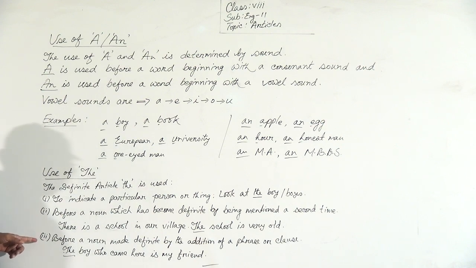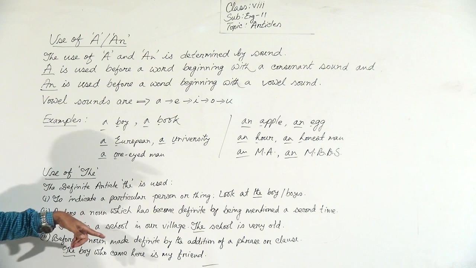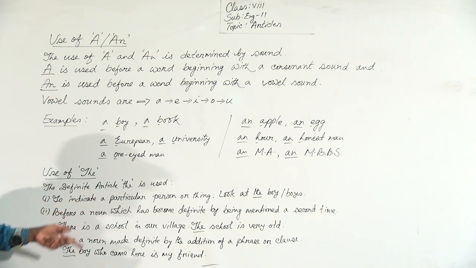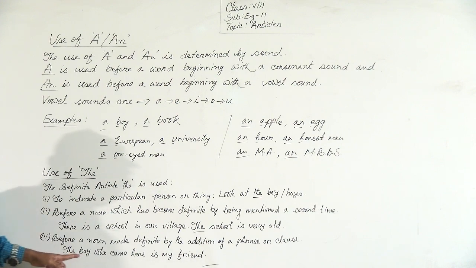Okay. Now number 3, before a noun made definite by the addition of a phrase or clause. Look at the example. The boy who came here is my friend. The boy. Who is the boy?